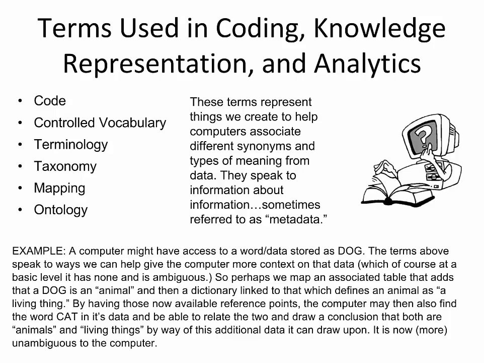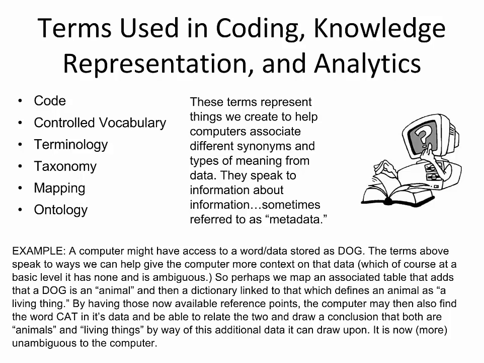For example, a computer might have access to a word or some data stored as DOG. The terms above speak to ways we can help give the computer more context on that data, which of course at a basic level it has none and is ambiguous. So perhaps we map an associated table that adds that a dog is an animal, and then a dictionary linked to that which defines an animal as a living thing.